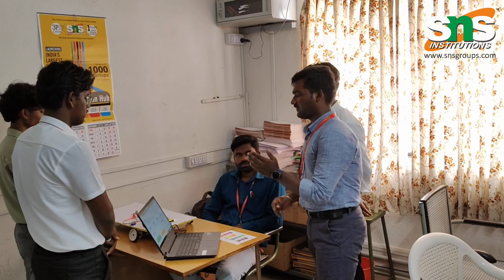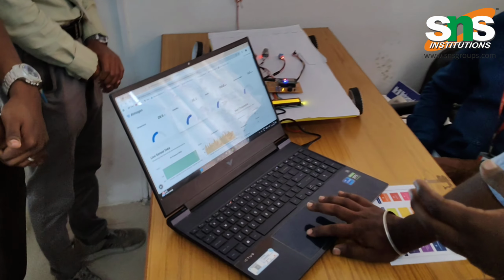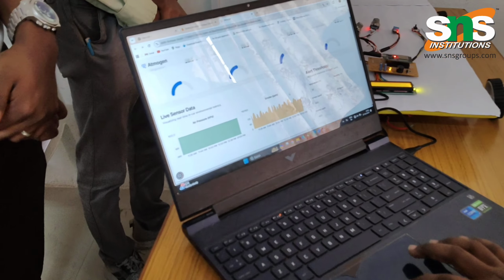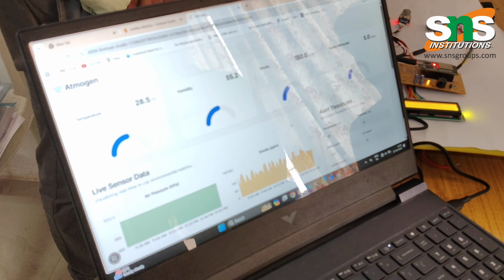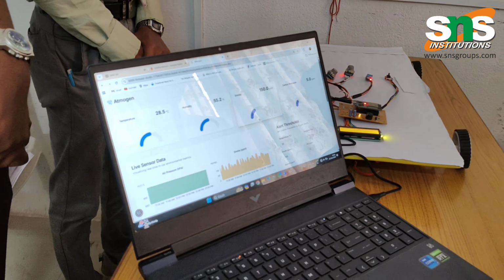It is going to be fixed in the infotainment system, where the driver can continuously monitor live sensor data like air pressure, smoke, particulate matter, temperature, humidity, smoke detected, and carbon monoxide from the engine cabin.